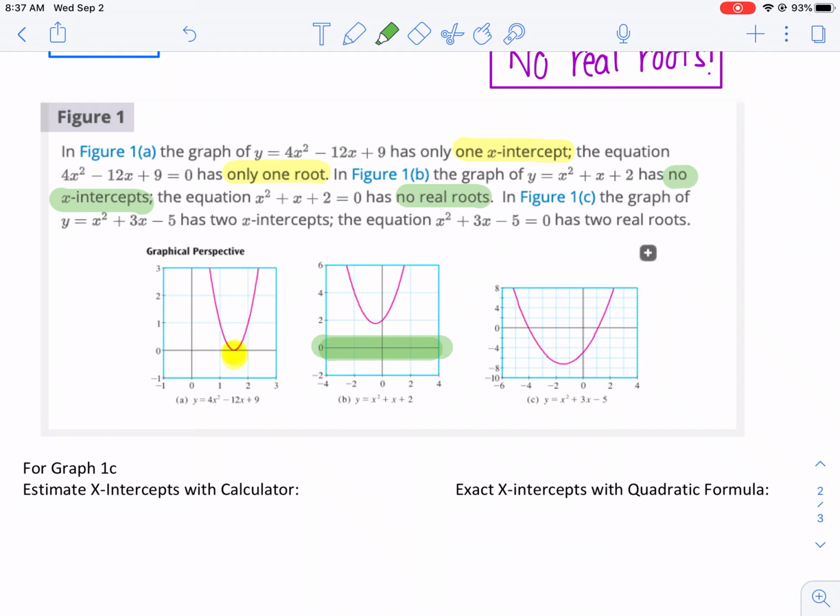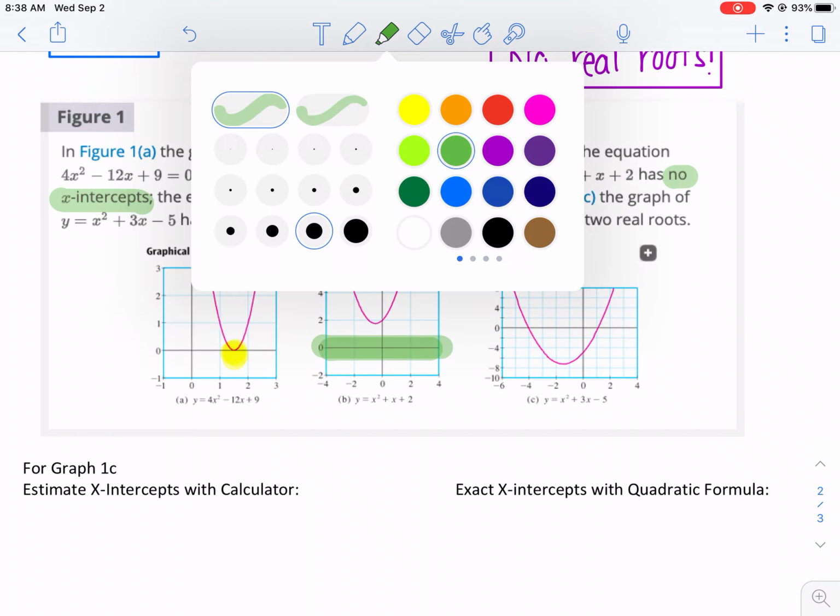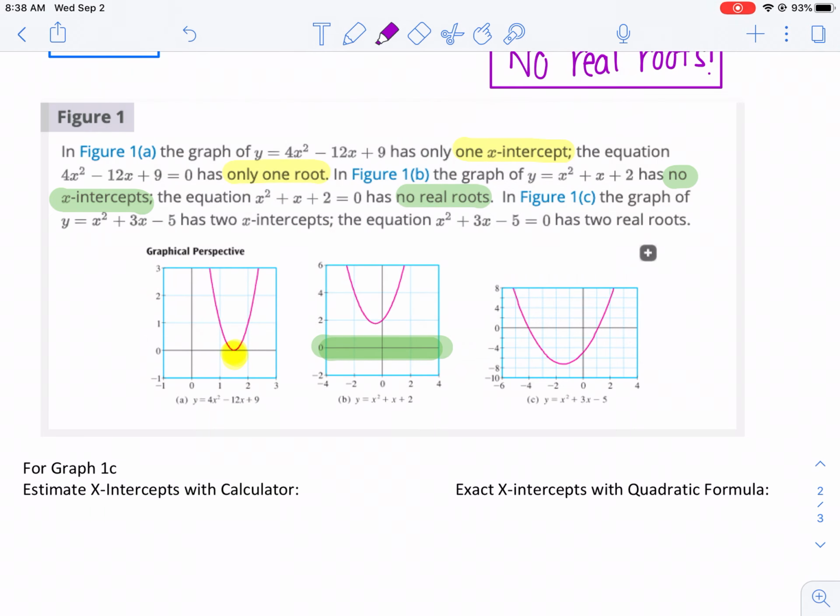It doesn't have an x-intercept to cross. The last one has 2 x-intercepts and it has 2 real roots. Here and here is where it crosses the x-axis. Okay, so we just covered all 3 of these cases. Here you can now see it visually. 1 point crosses, no point crosses, or 2 points.